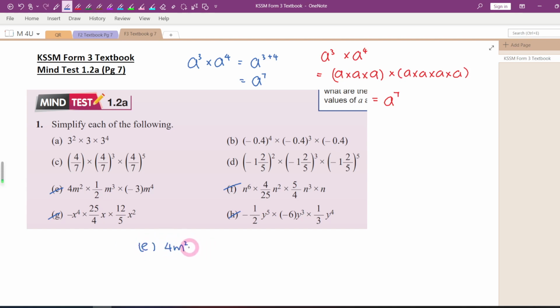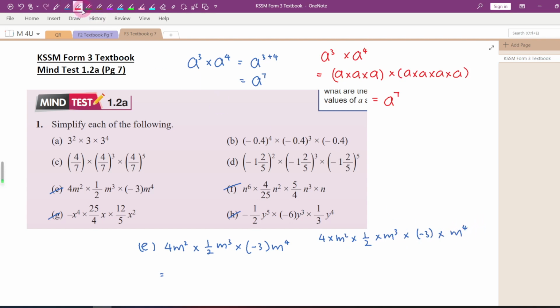4m squared times 1 over 2 m power 3 times negative 3 m power 4. Now, how do we simplify it? So this actually means 4 times m squared times 1 over 2 times m power 3 times negative 3 times m power 4.